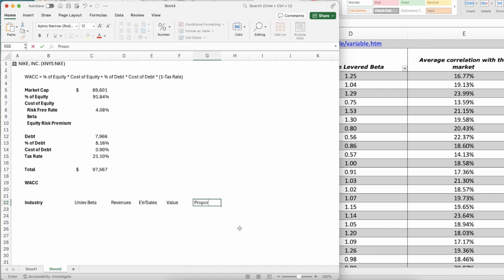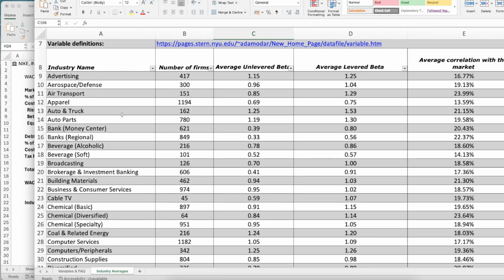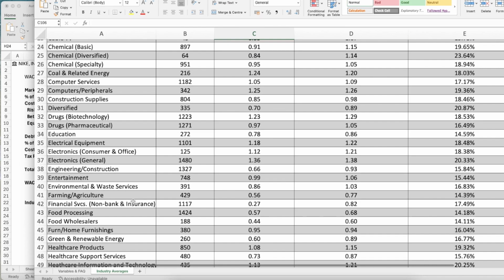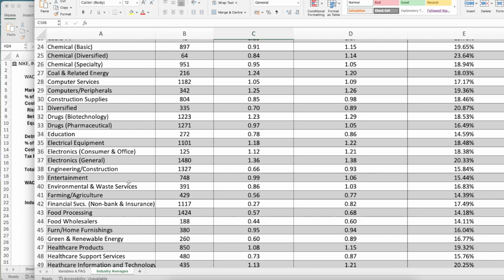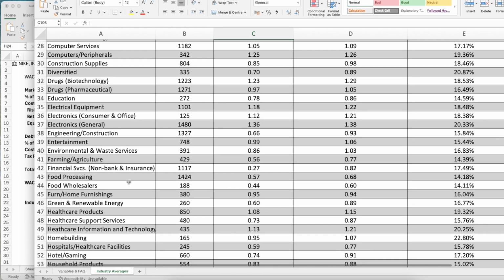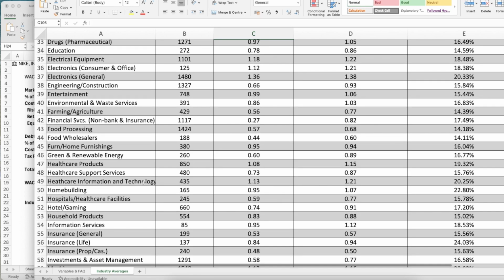Proportion. Then we get the weighted beta. To be honest, we don't really need to go through all of this because we're only using one industry, so it's going to come out as 0.69. Unless we want to put electrical equipment, no, fitness. Not really a home furnishing.